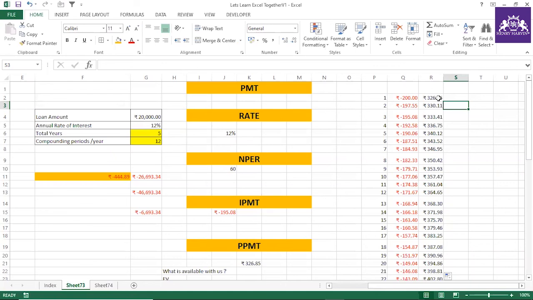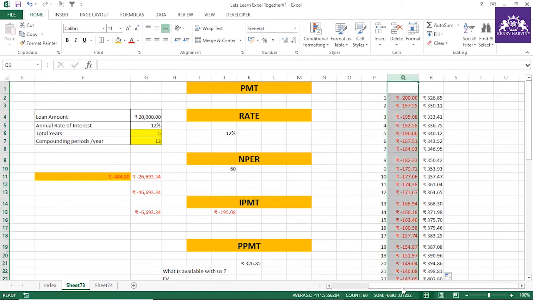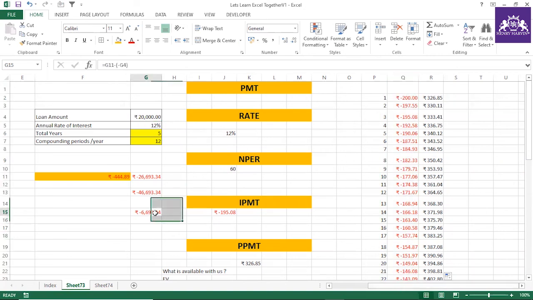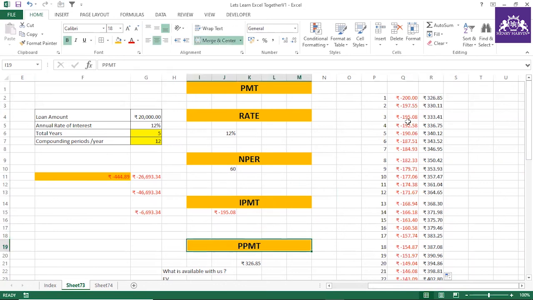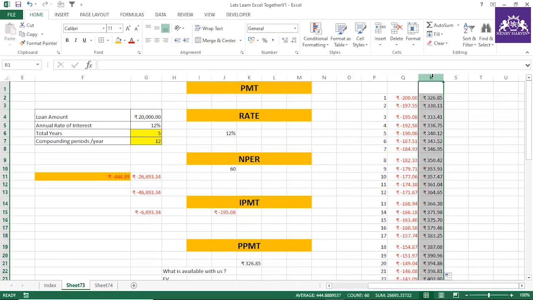So guys, you know that this is a 20,000 loan amount, and 6693 is the total interest, and this is what we have used PPMT for. PPMT is the principal amount. You can see the total is this 26693.